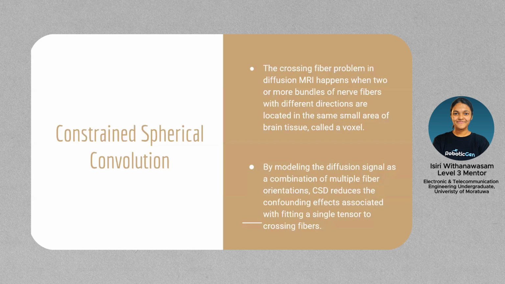But gray matter and cerebrospinal fluid move water in all directions, like anisotropic and isotropic diffusion. To remove that crossing fiber problem, we are using this method. By using this method, we can map the directions of the white matter tracts and where they cross.